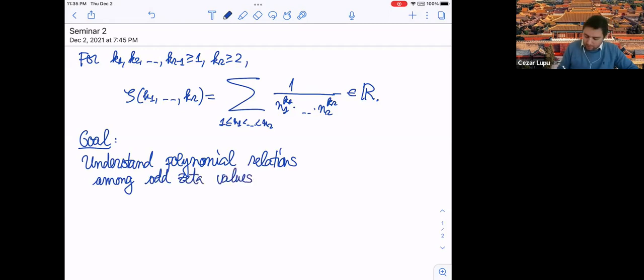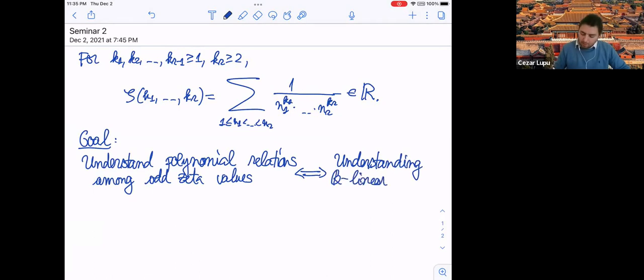And this was equivalent to understanding linear relations among multiple zeta values.